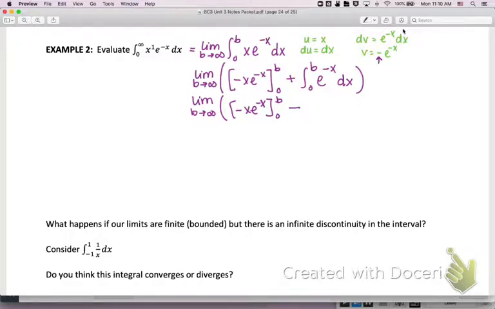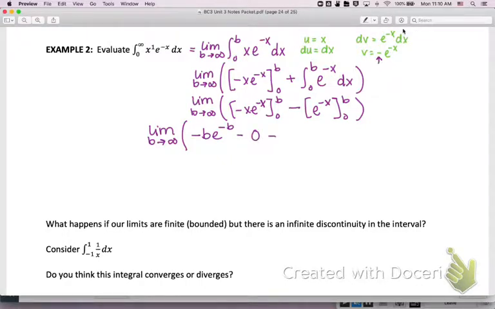We're going to get negative e to the negative x, again from 0 to b. So now let's use FTC and expand those integrals there. So we have the limit as b approaches infinity of, this first one is going to be negative b e to the negative b minus, it's going to be 0.